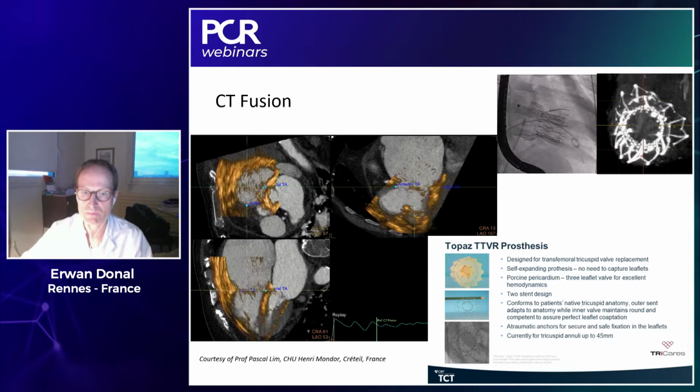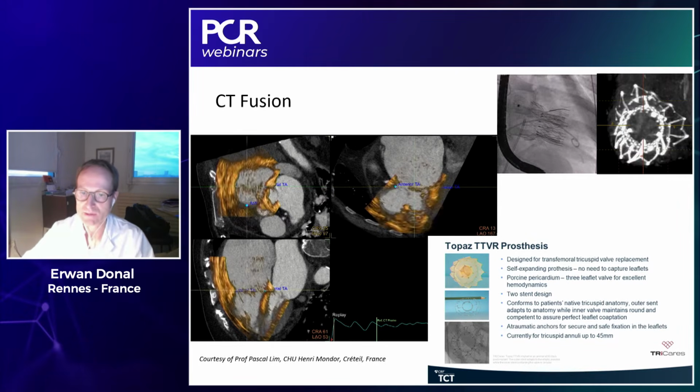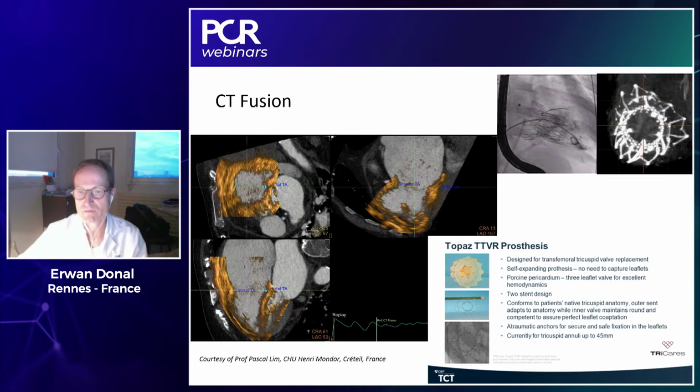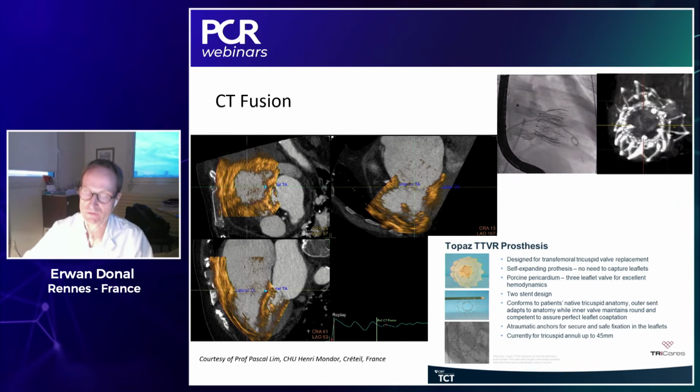Here you have an example of a patient where we were able to implant a transcatheter tricuspid prosthesis, and it was much easier to implant this device thanks to the combination of the 3D echo and the CT during the intervention.